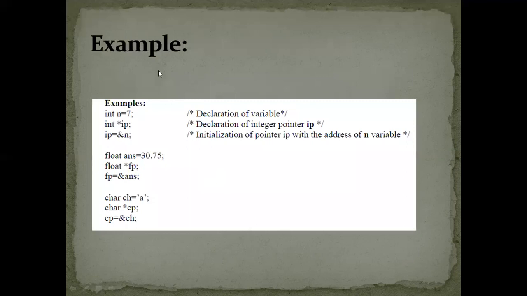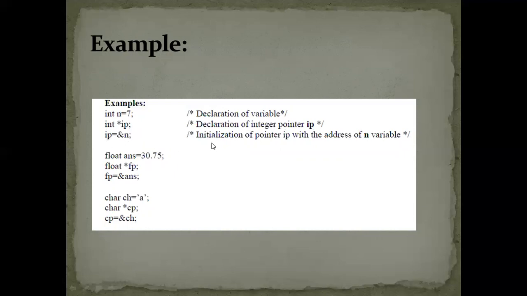Next, some of the examples for initialization. n = 7. 7 is initialized to variable n. Okay, this is declaring and initialization of the variable. int *ip. So declaration of integer pointer ip. Why is it an integer pointer? The data type is int. That is why integer pointer. Finally, ip contains what? Address of n.